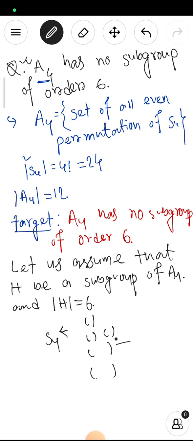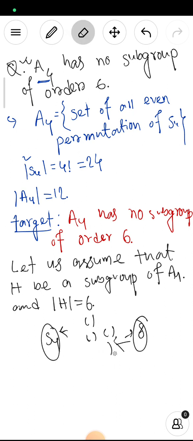So we know that in S4 the number of 3-cycles is 8. There are 8 elements that are 3-cycles.